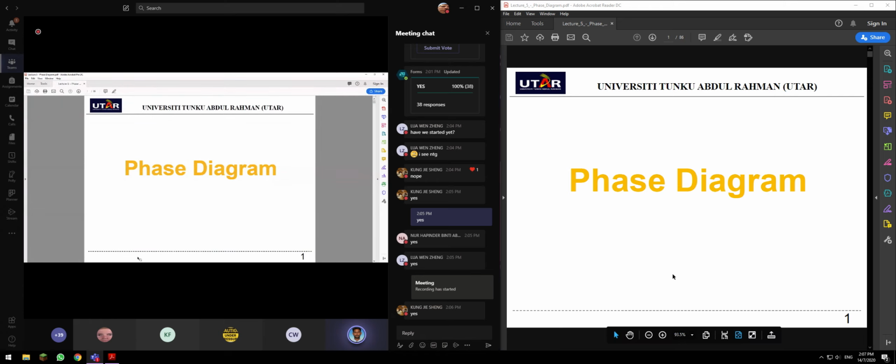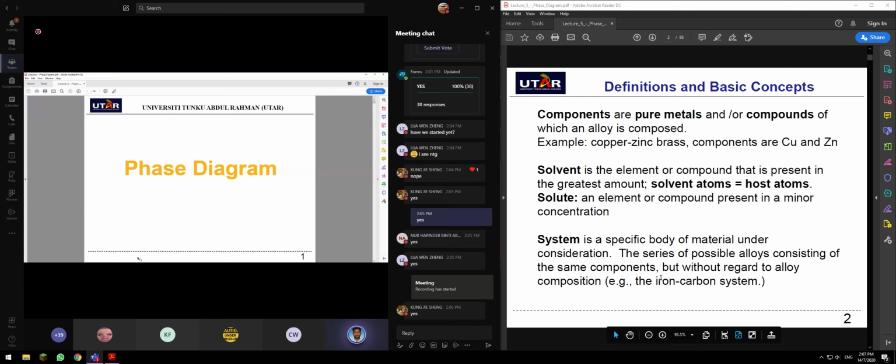Imagine you have two components in a system, two components in a metal. For example, brass, you have zinc and copper. Within these two components, you have composition: 0% of copper, 100% of zinc; 0% of zinc, 100% of copper. So you can see there are about 100 points of material that can exist.